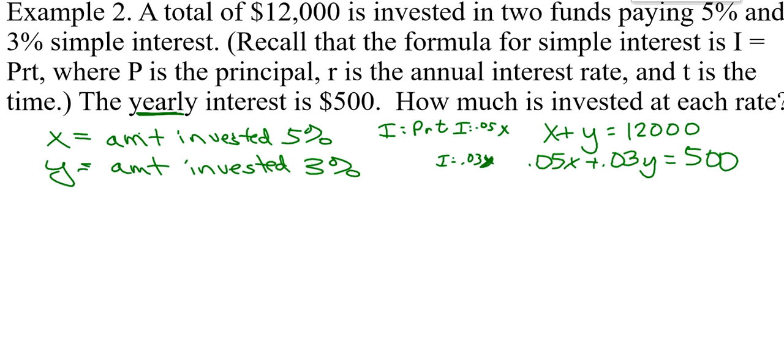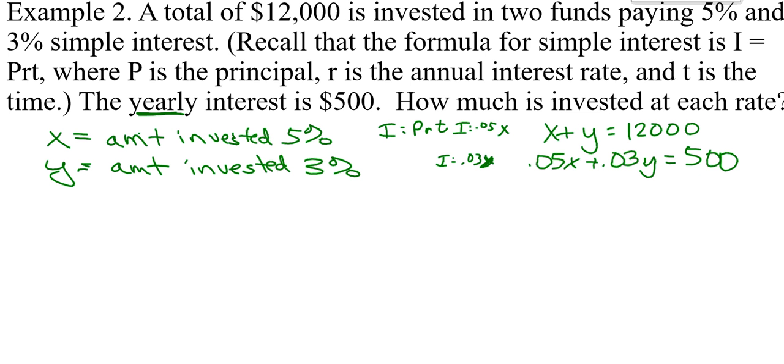So we had to come up with our equations now. X plus Y equals 12,000. 0.05x plus 0.03y equals 500, and make sure that we know what that relationship is. Now, because I don't do a lot of things with a calculator and I do them at the board, this is hard for me to manage. Do you agree? Just because it's a lot of decimals.